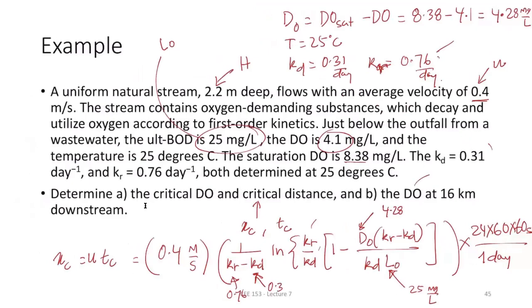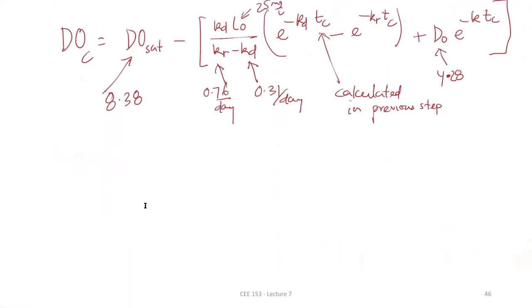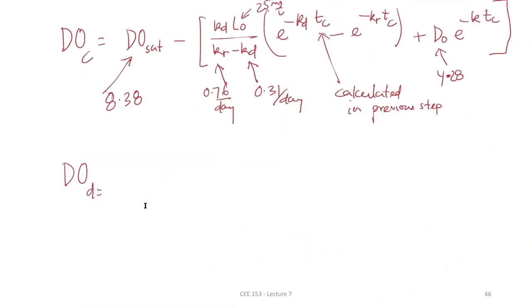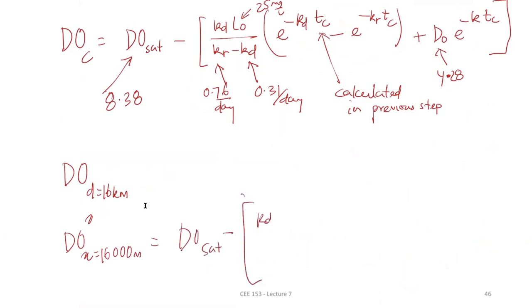The last question is the DO at 16 kilometers downstream. You don't know whether it's the critical point or not, but the distance is given. So I'm asking for DO at x equal to 16,000 meters. Again, same thing, DO saturation minus KD L0 over (KR minus KD) times the exponential terms.